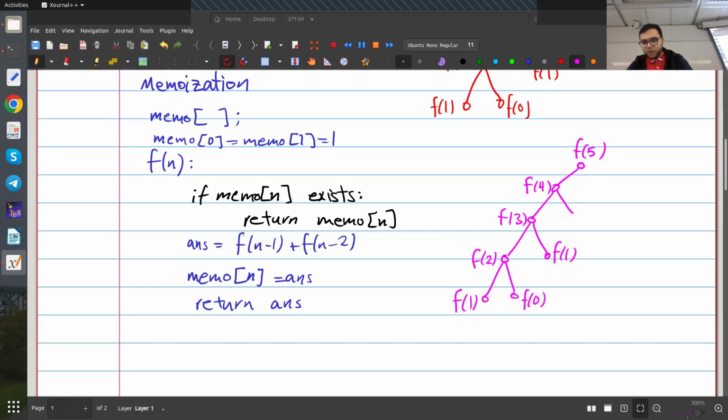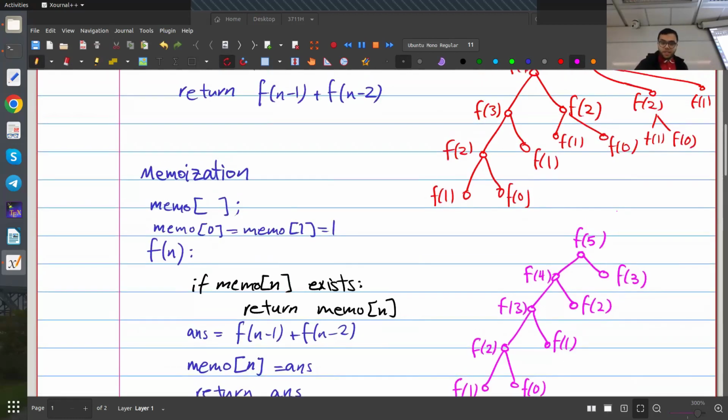Now here, f of 4 needs f of 2 as well. But when I call f of 2, I see that that's already in the memo, so I don't keep recursing. I just return the value that I have in the memo. And this calculates f of 4. I come here. Now, in this case, I have to call f of 3, but again, I had f of 3 already in my memo, so it doesn't continue to recurse, it just returns the value.